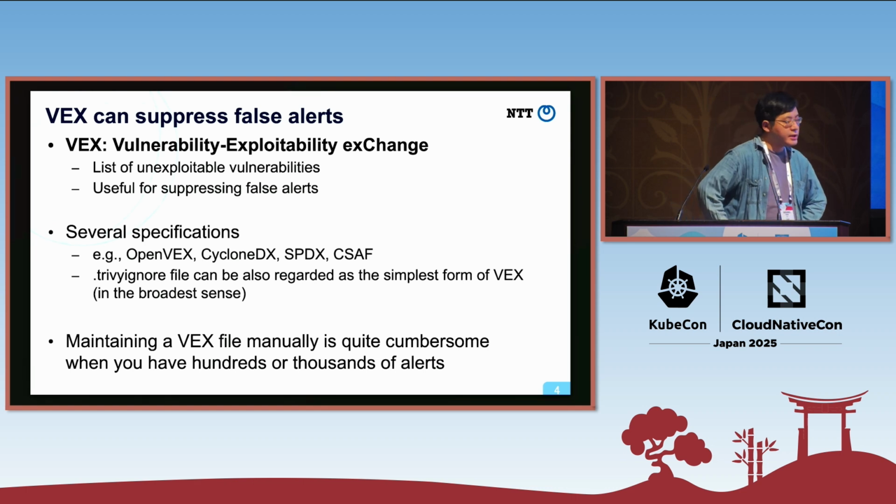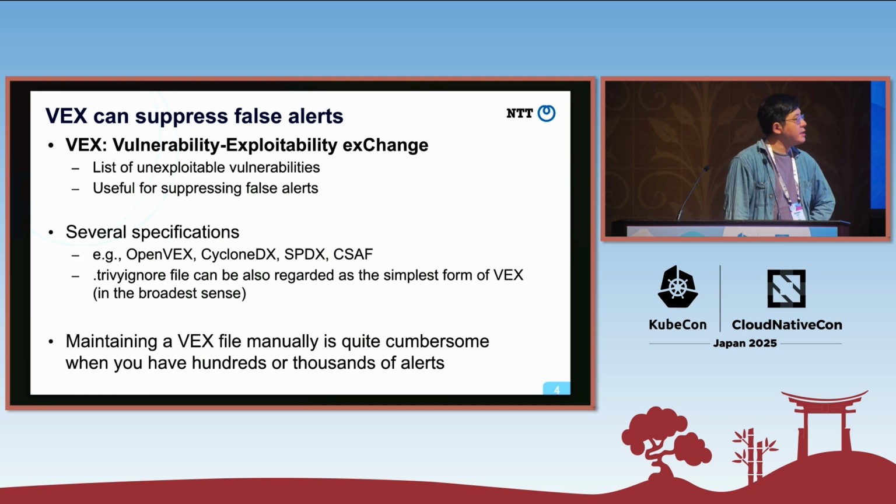So you can use VEX to suppress such false alerts. VEX means Vulnerability-Exploitability eXchange. This is a list of unexploitable vulnerabilities. VEX is also a name for a software implementation or a specific specification.